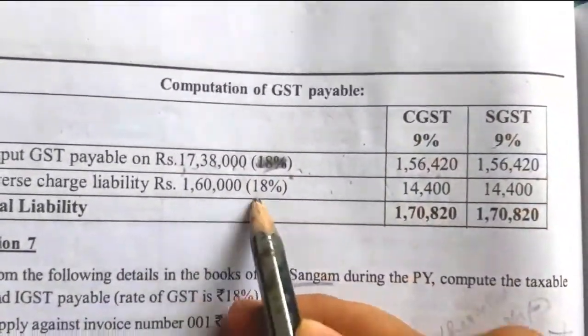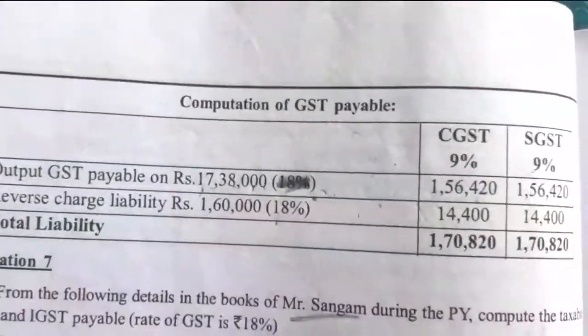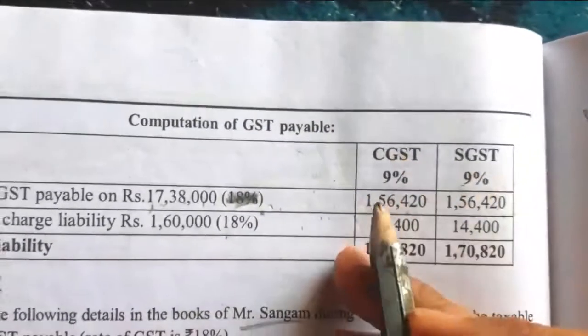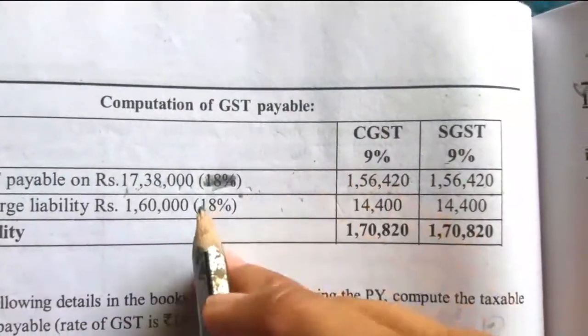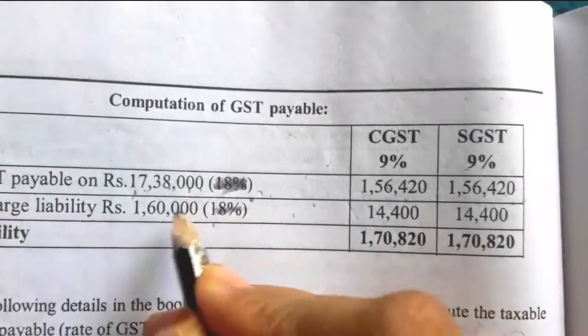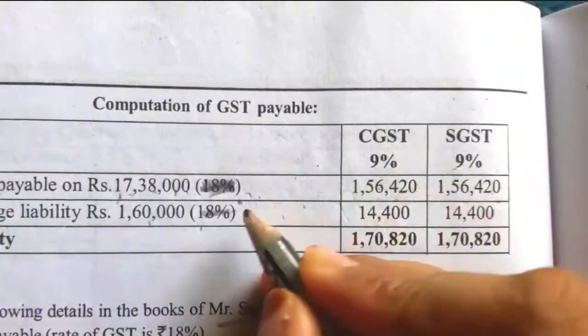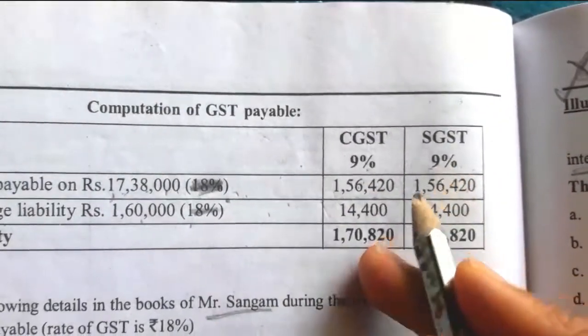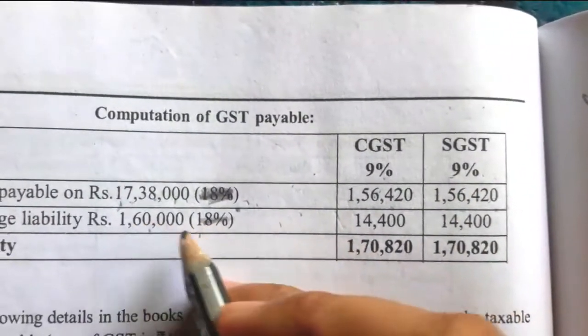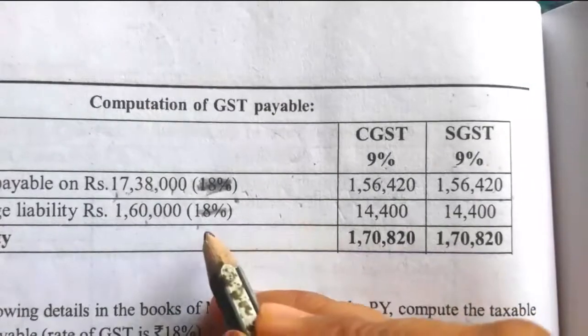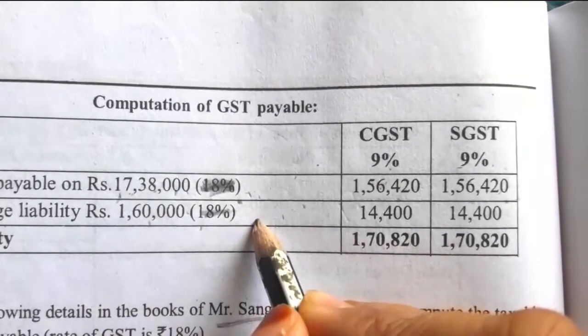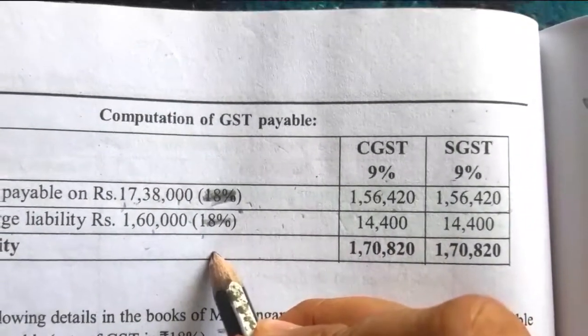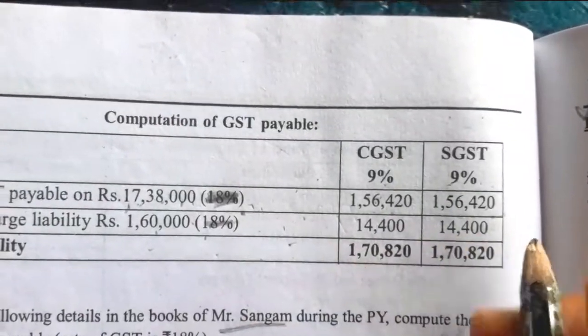So on 1,60,000 the usual tax rate applicable is 18%. 18% means 9% each is shared between central government and state government. So 1,60,000 into 9% CGST and 1,60,000 into 9% SGST, so 14,400 each.